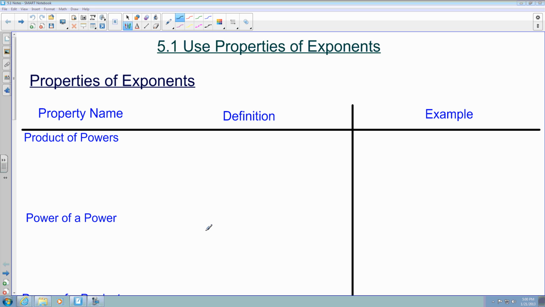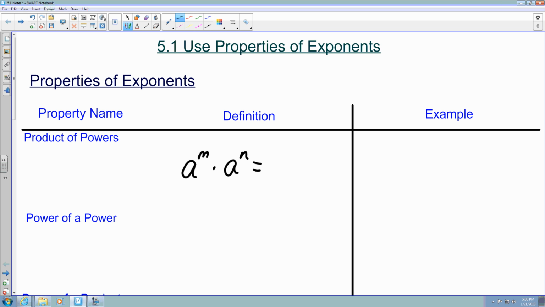First of which is the product of powers property. What this states is that if we have two bases that are the same and we're multiplying them and they have exponents attached to them, we can add those exponents together to get a solution. So say we had the definition, a to the m power times a to the n.